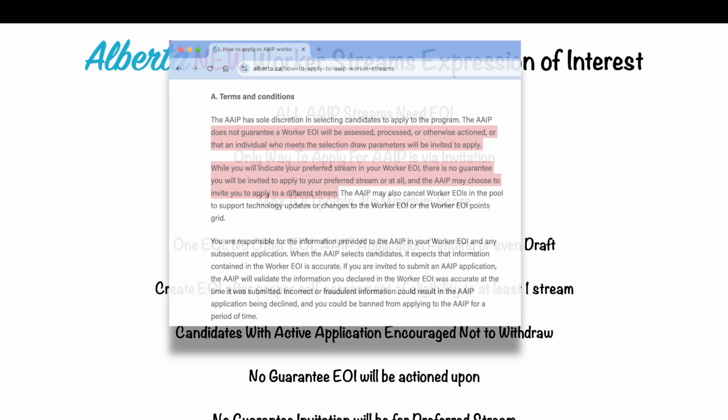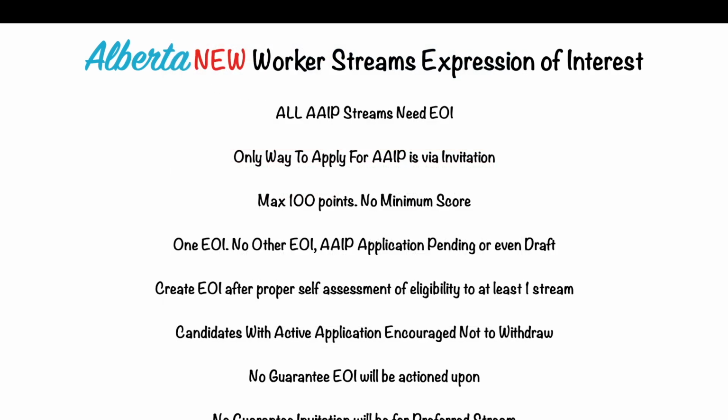There is no guarantee that an invitation will be provided to you depending on your expression of interest, or if you have expressed interest in one particular stream, that you would be given a preference or you would be given an invitation for that particular stream.